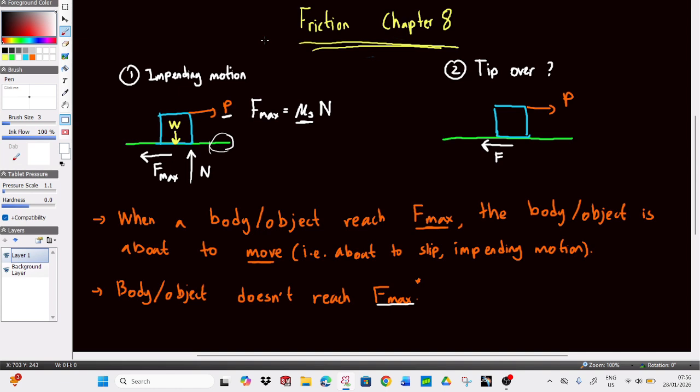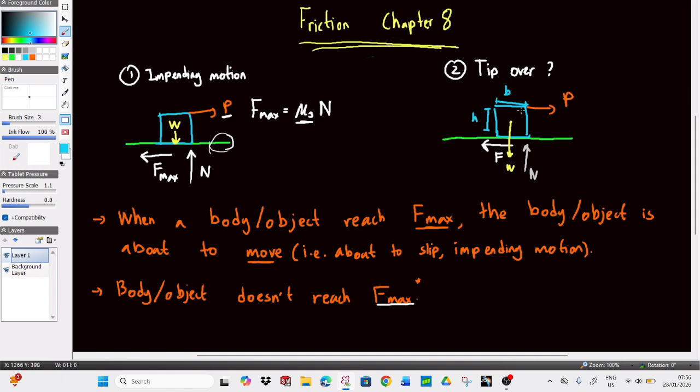This is the weight of the body and the normal force. I'll use a different color, gray, so it becomes more distinct. This particular body has a dimension, a size, which we call B and H. B and H represent the dimensions of this box.